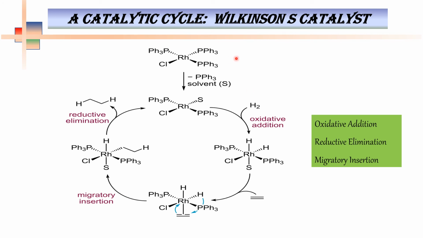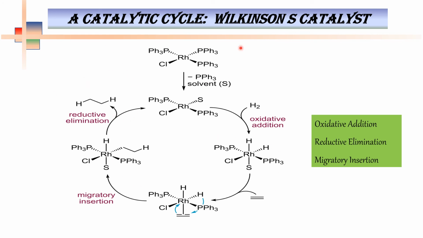Once we know the catalytic pathways or mechanism involved in a catalysis process, then we can easily tune it to get various products. Let's take an example of Wilkinson's catalyst, which is basically a rhodium triphosphine complex, which upon binding with alkene, easily hydrogenates it.